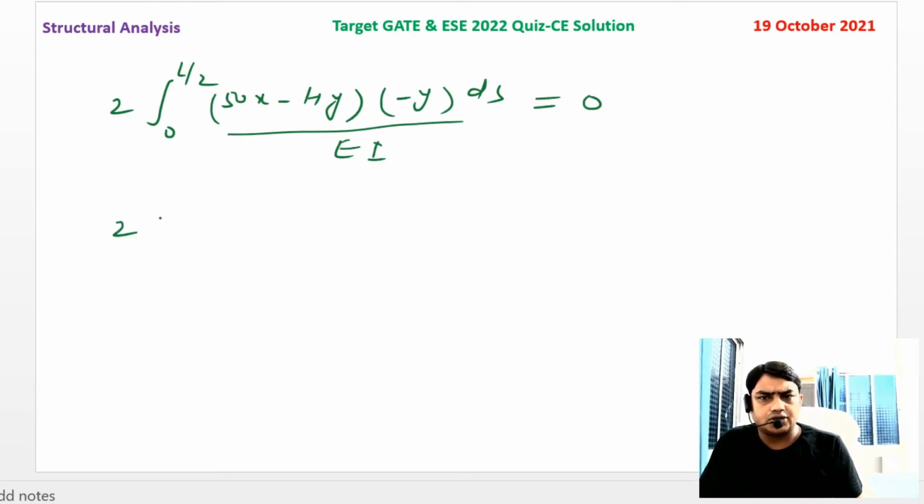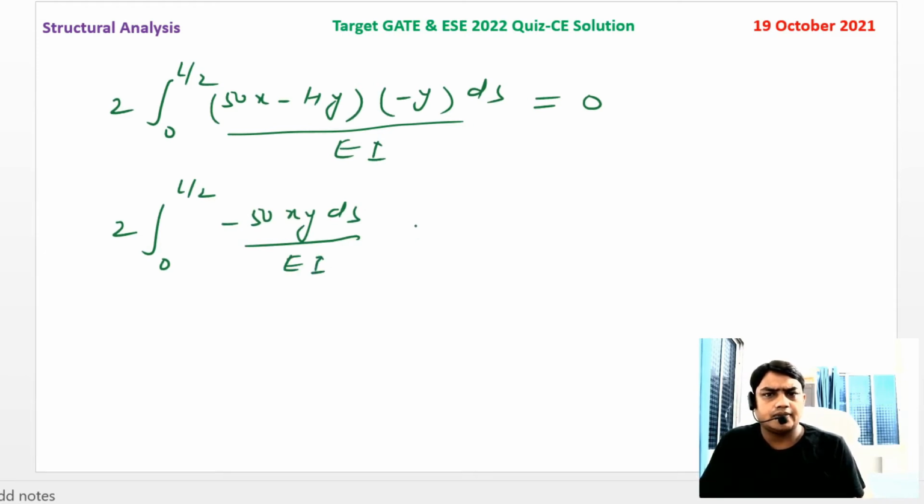So 2 times the integral of minus 50xy ds divided by EI, and if I split, plus 2 times the integral from 0 to L by 2 of Hy square ds by EI, equal to 0. The 2 cancels, so the integral from 0 to L by 2 of 50xy ds by EI equals the integral from 0 to L by 2 of Hy square ds by EI.